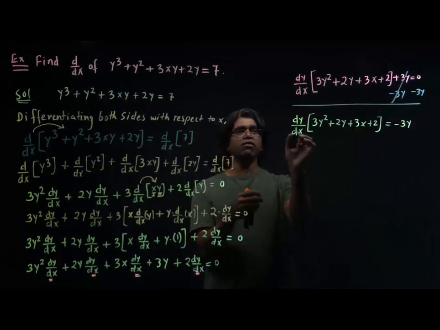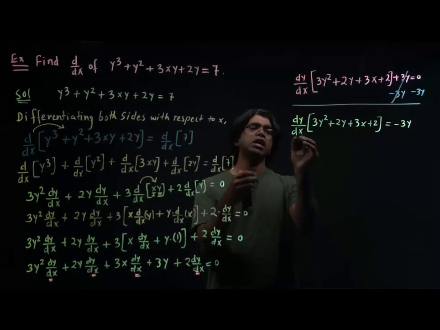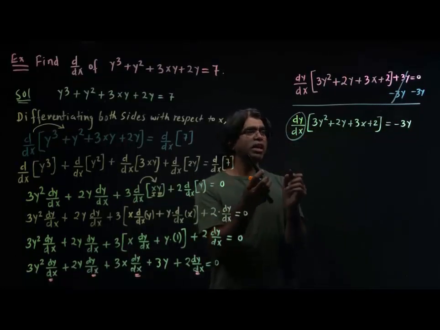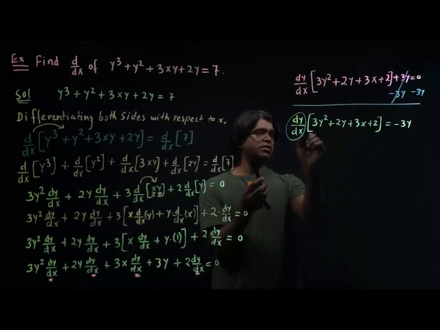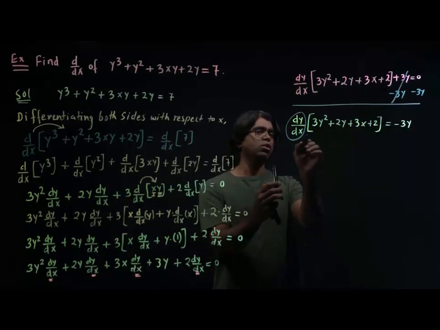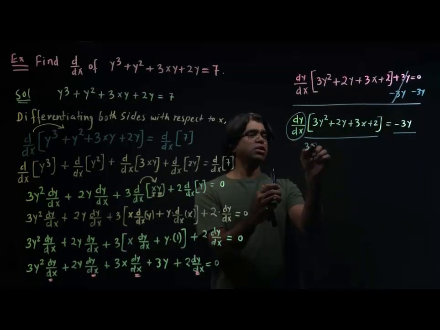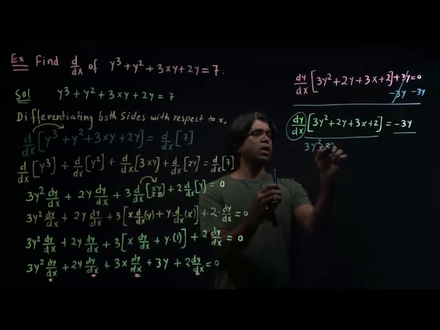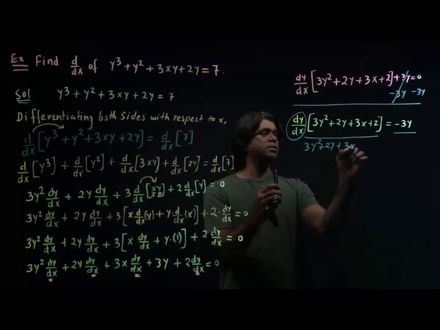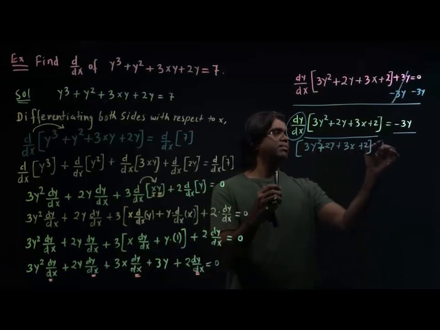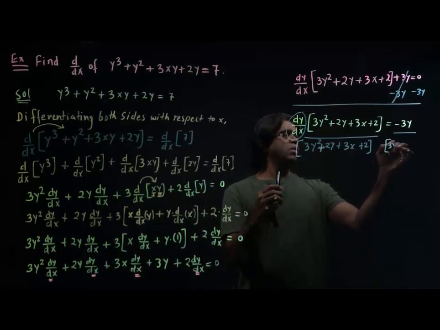Now, we want to find dy over dx. So we need to get rid of this coefficient that we have for dy over dx. I'm going to divide both sides by this term, 3y squared plus 2y plus 3x plus 2.